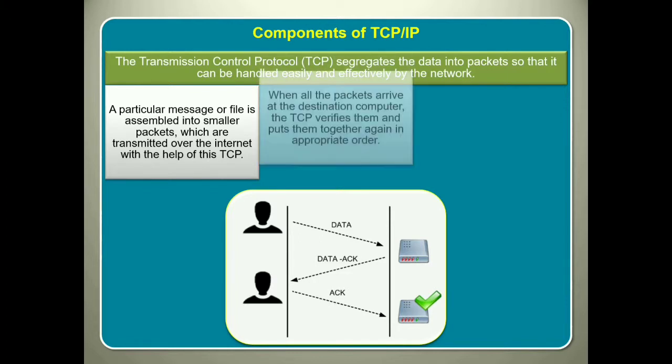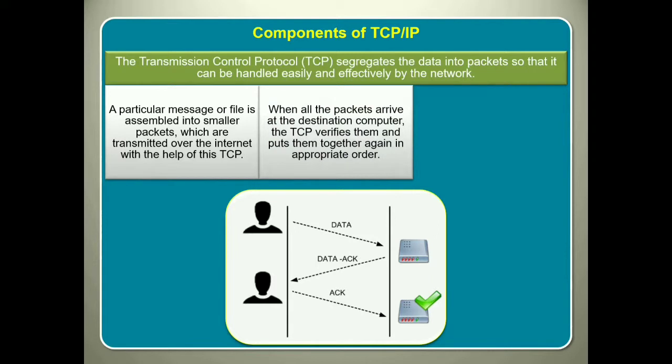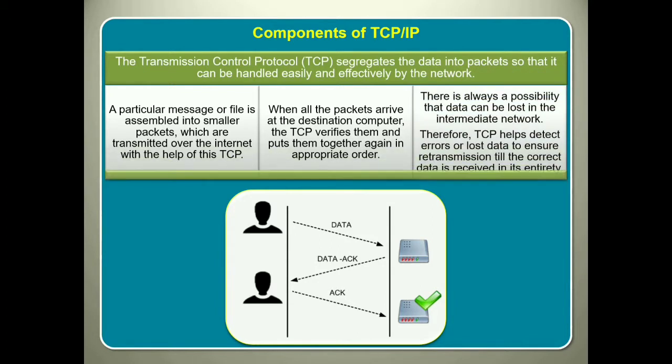When all the packets arrive at the destination computer, TCP verifies them and puts them together again in appropriate order. There is always a possibility that data can be lost in the intermediate network. Therefore, TCP helps detect errors or lost data to ensure retransmission till the correct data is received in its entirety.